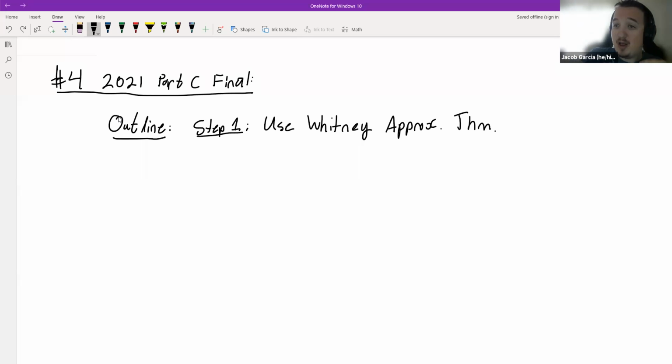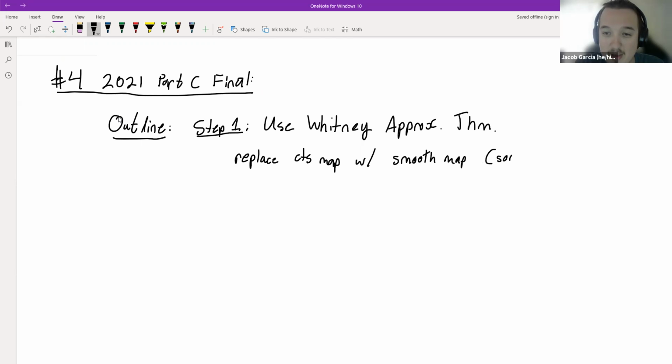Since we're looking for homotopy equivalence anyway, I can replace the original continuous map with a smooth map, and they're in the same homotopy class. Okay. So that's good. And now we can do differential topology because we have a smooth map instead of a continuous map. Okay. Step 2 is to use Sard's theorem.